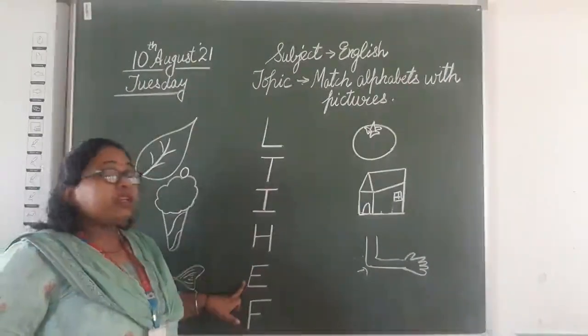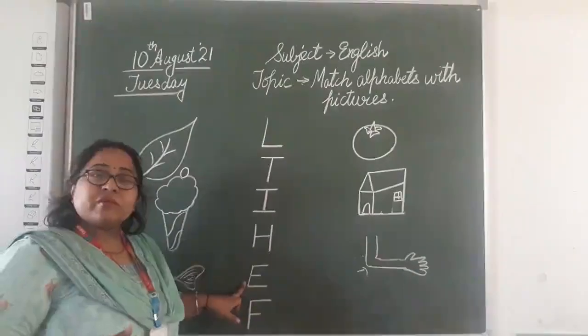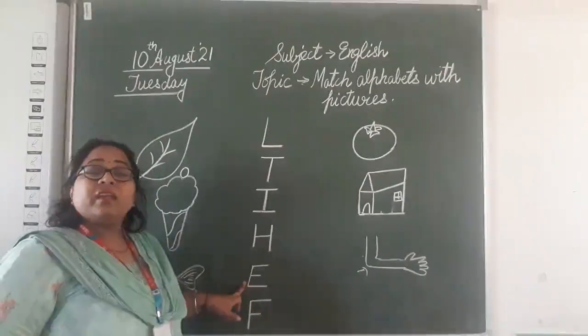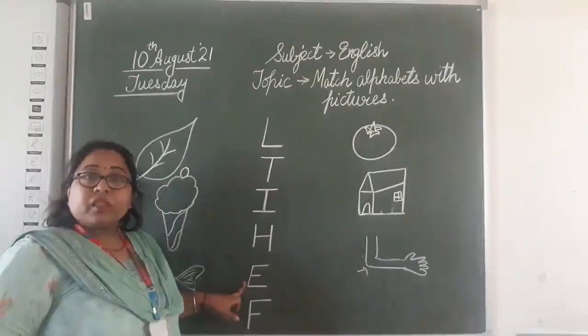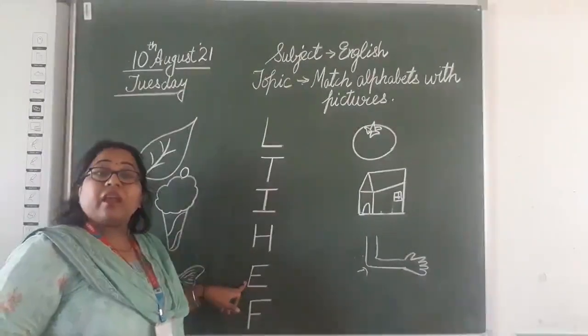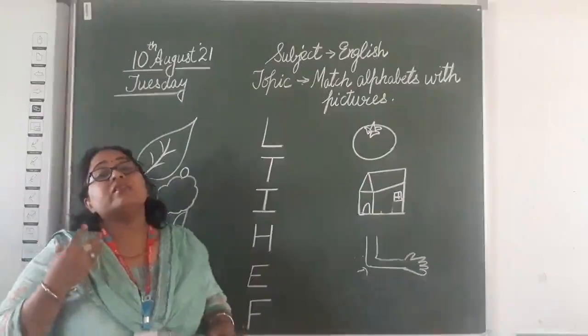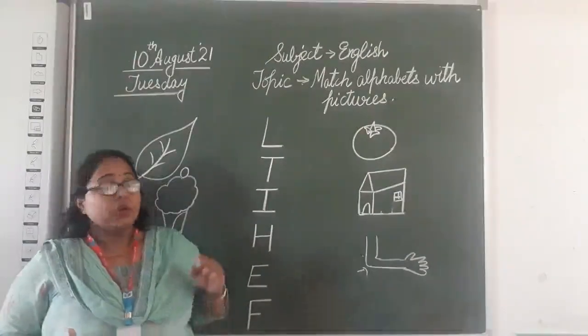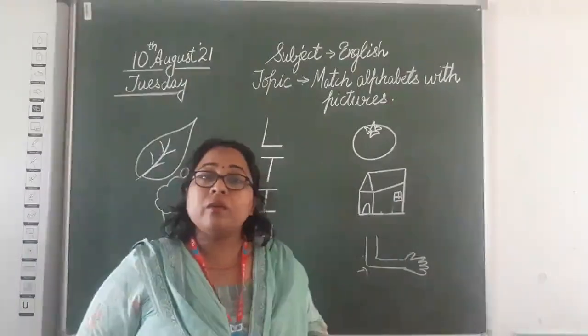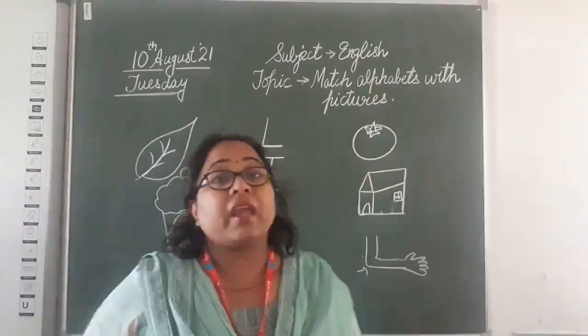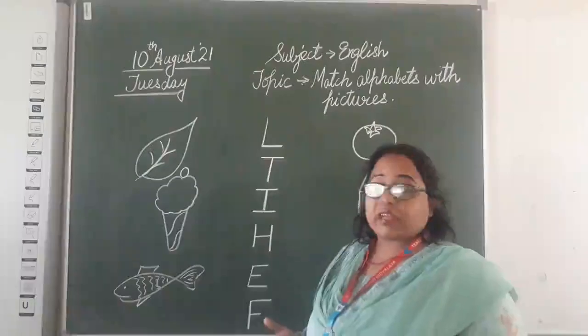Then we have E. What is the sound of this alphabet? E says A. Elbow, elephant, egg. So when you are saying about the pictures which begin with letter E, what sound is coming out? A. Egg, A sound is coming.